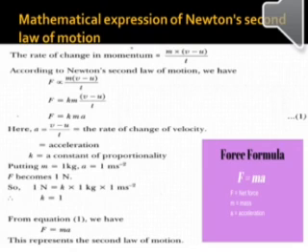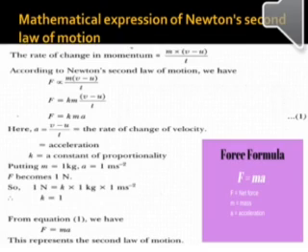Putting the values of m as 1 kilogram and a as 1 meter per second square, F becomes 1 Newton. So 1 Newton is equal to k into 1 kilogram into 1 meter per second square. Then k is equal to 1.